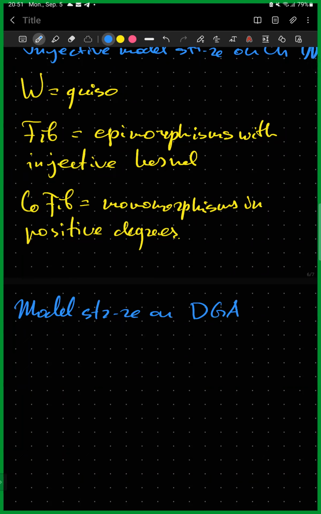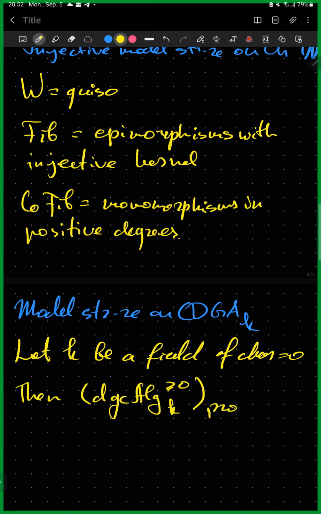So let K be a field of characteristic 0. Then we have a projective model structure on connective commutative differential graded algebras over this field. So connective just means non-negatively graded.